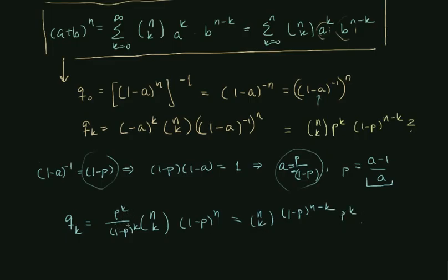So we recognize here that if we choose an a and b inside the AB region for the binomial distribution, then qk comes from a binomial distribution with parameters n and a minus 1 over a.